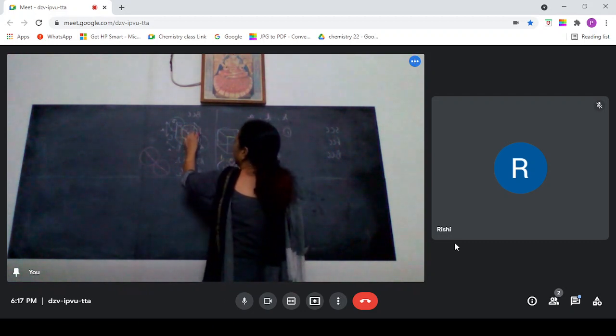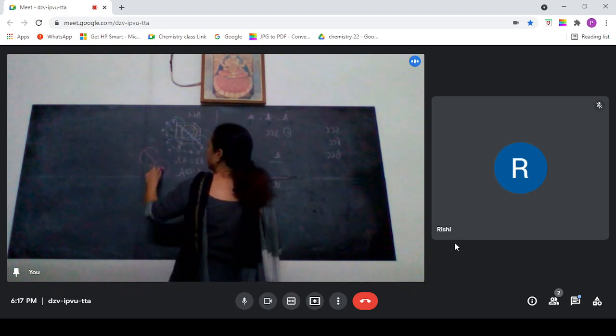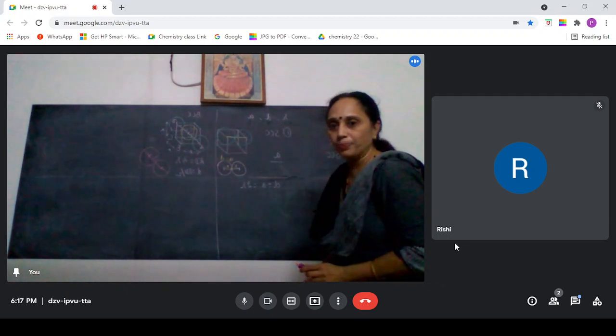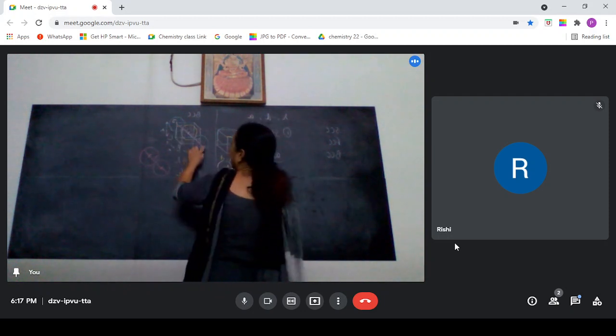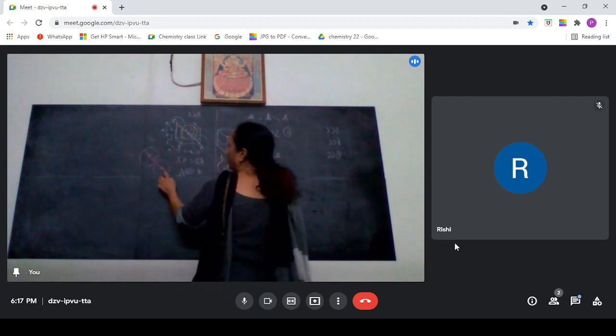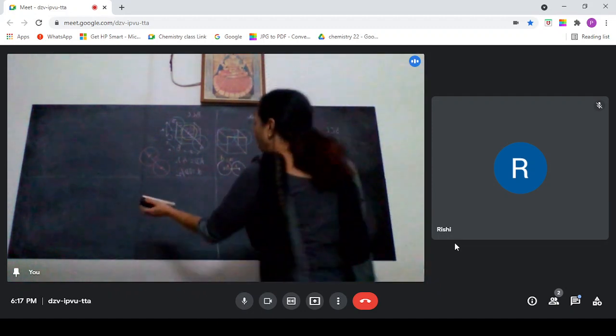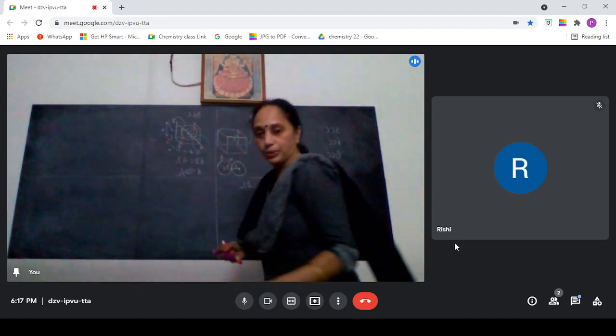If you write two spheres like this, half of that distance will be D. So D will be equal to AD by 2. That will give you the distance between the nearest neighbors.